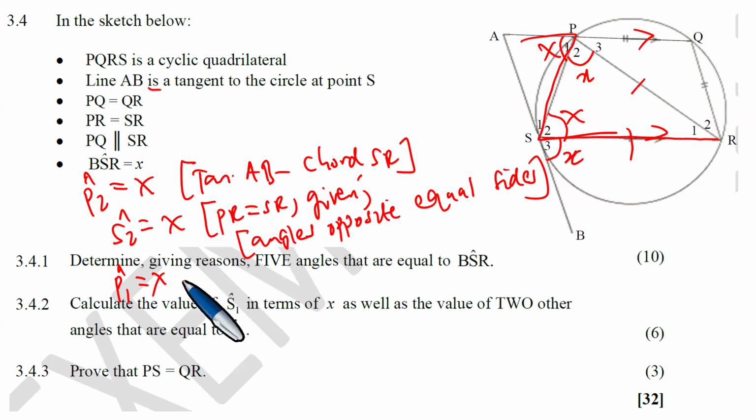Those are alternate angles, because APQ is parallel to SR. This is parallel to this, so we have alternate angles in a Z.